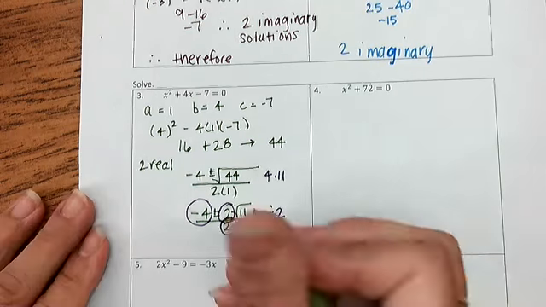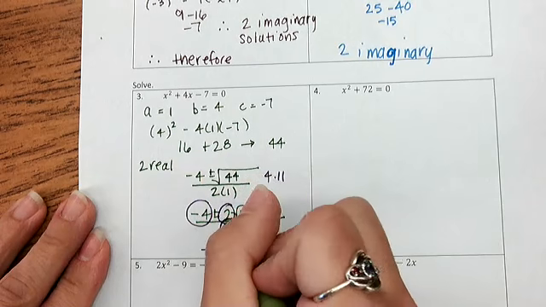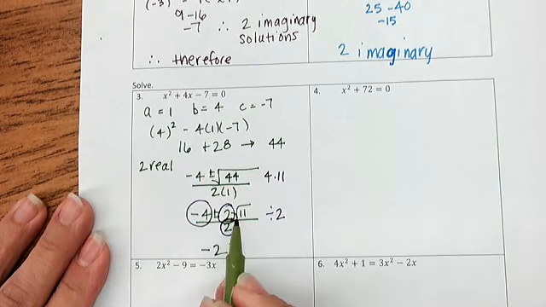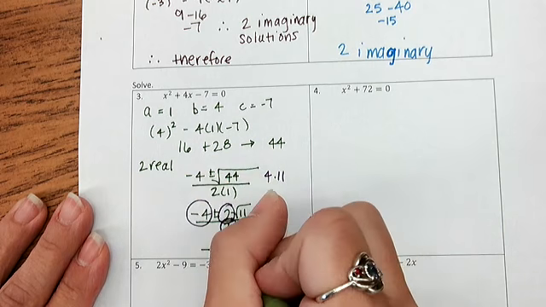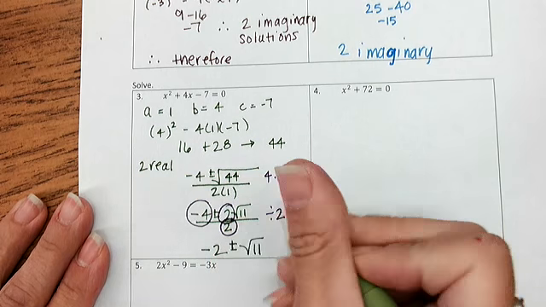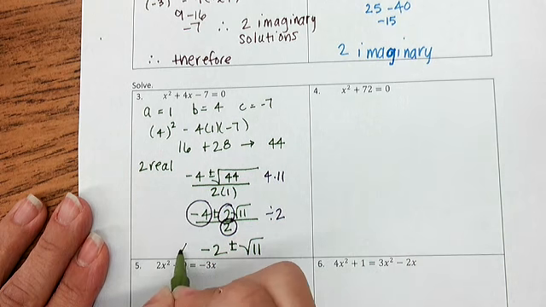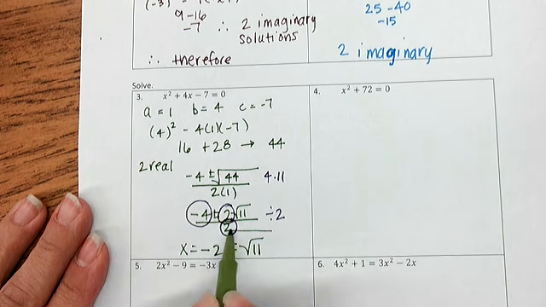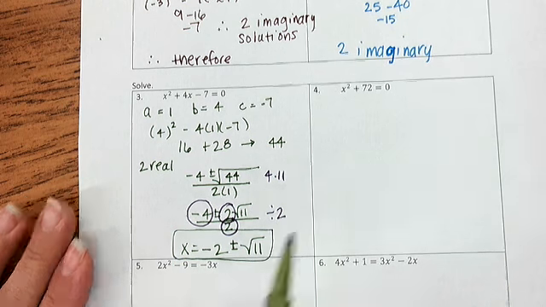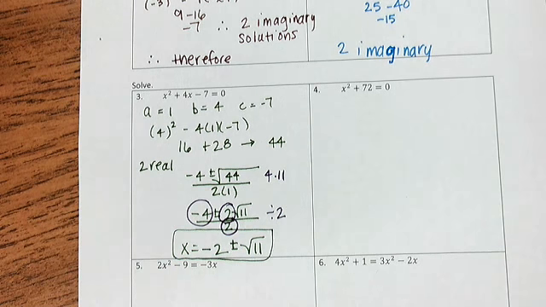So my answer is -2 plus or minus 2 divided by 2 is 1. I don't need it. And in the denominator, 2 divided by 2 is 1. I don't need it. So my answer is -2 plus or minus root 11.